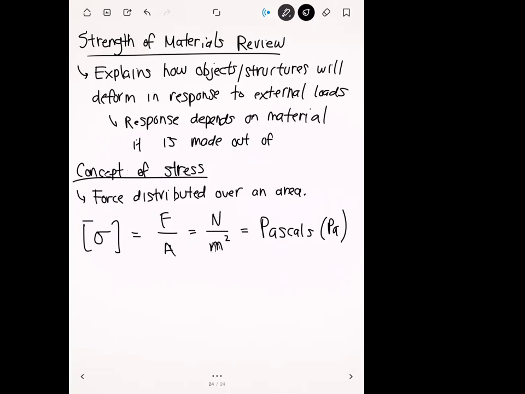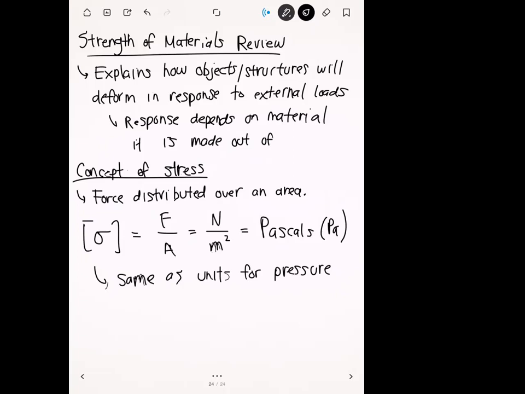Question? Okay. And so what you'll notice is that the units for stress are the exact same units for pressure, right? Pressure is also a force that's distributed over an area, and it also has units of Pascal.